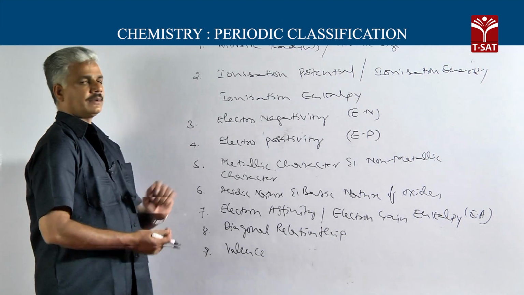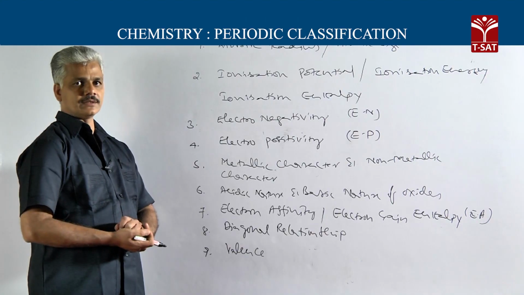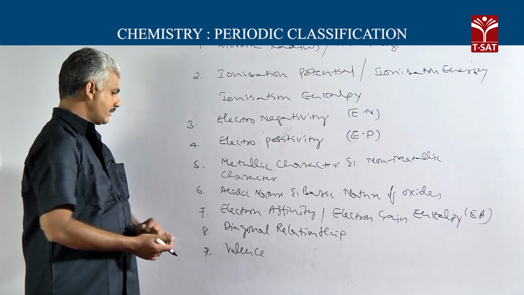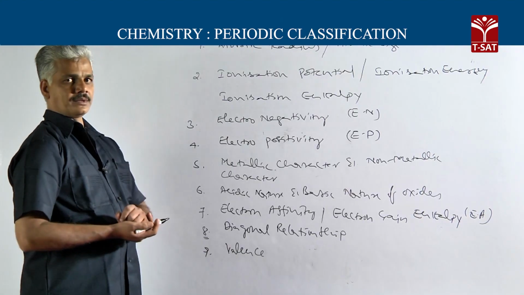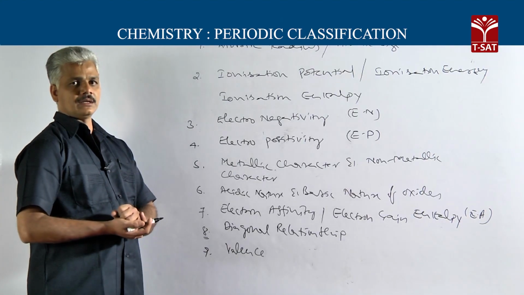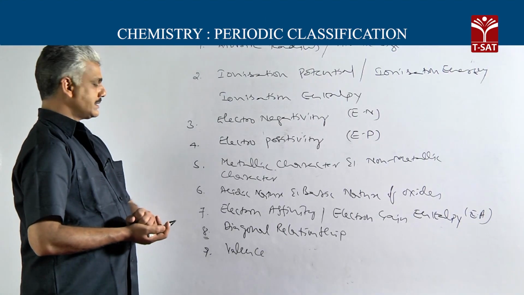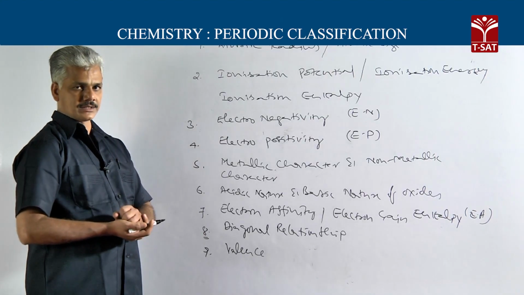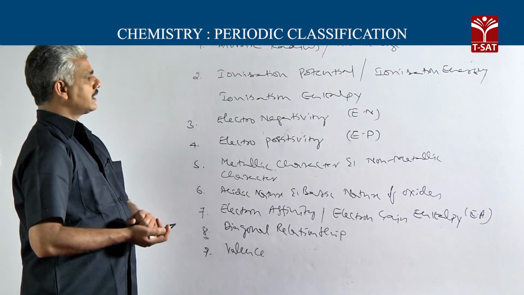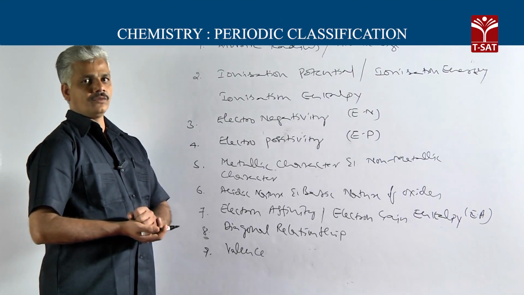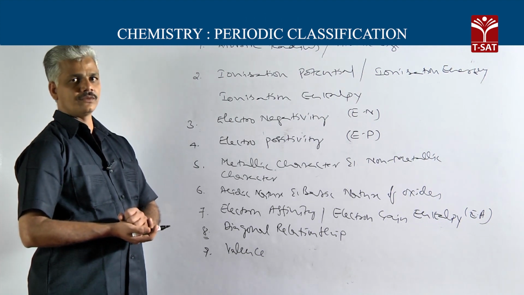So these 9 properties get repeated themselves at regular intervals of atomic numbers. However, the diagonal relationship is a limited property. Limited in the sense it is observed in only 2 periods of the periodic table, that is second period and third period, and the phenomenon is observed in the starting elements of only 4 groups, that is 1A, 2A, 3A and 4A.